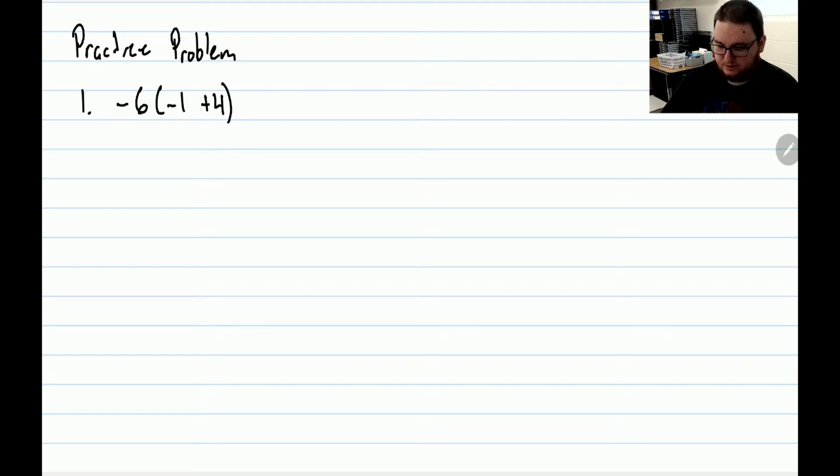So for right now, our very first practice problem is -6 parentheses -1 plus 4 parentheses. And over here to the right, I'm going to write the order of operations so we can check it each time.